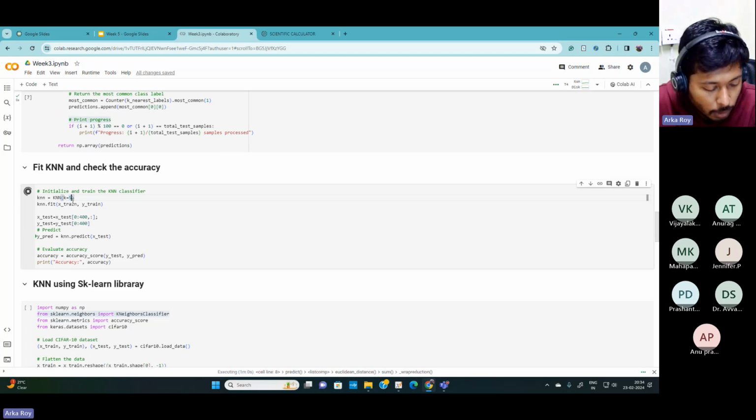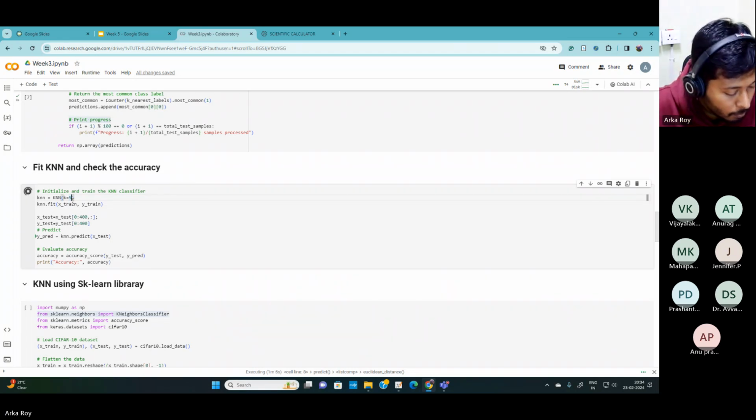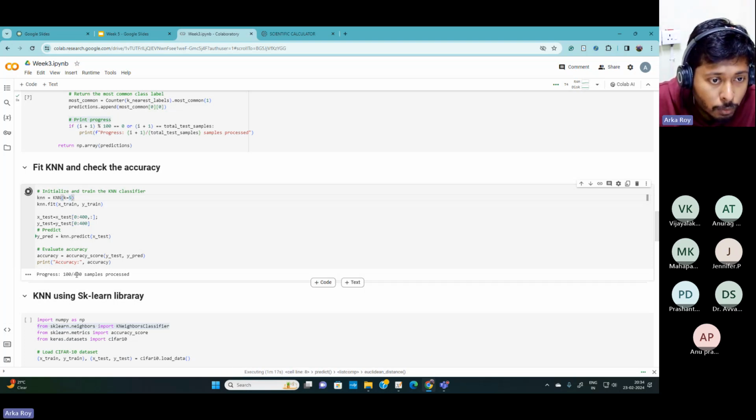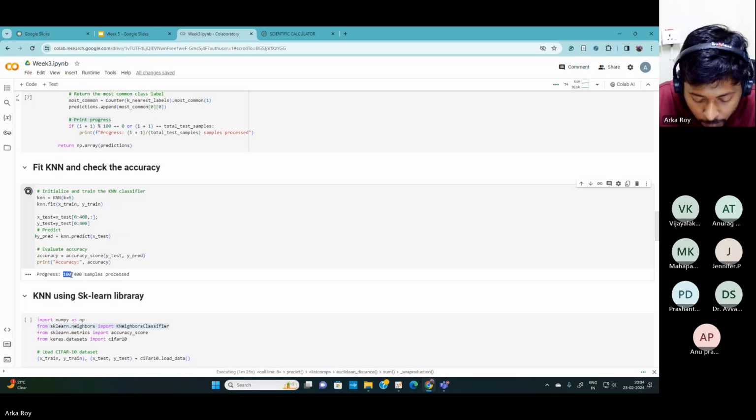Meanwhile, if you have any confusion, you can just ask. So now you can see out of 400 samples, 100 samples have been completed. 100 distances have been processed.